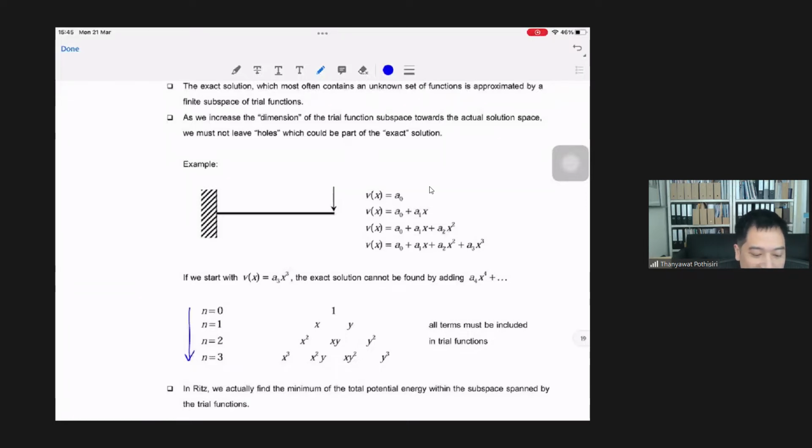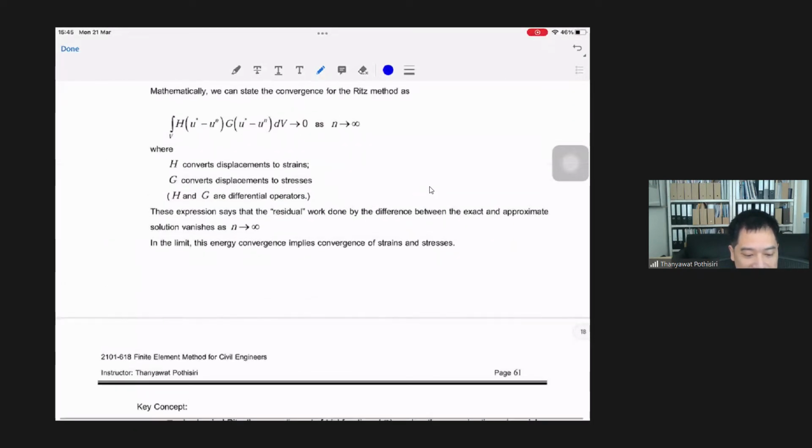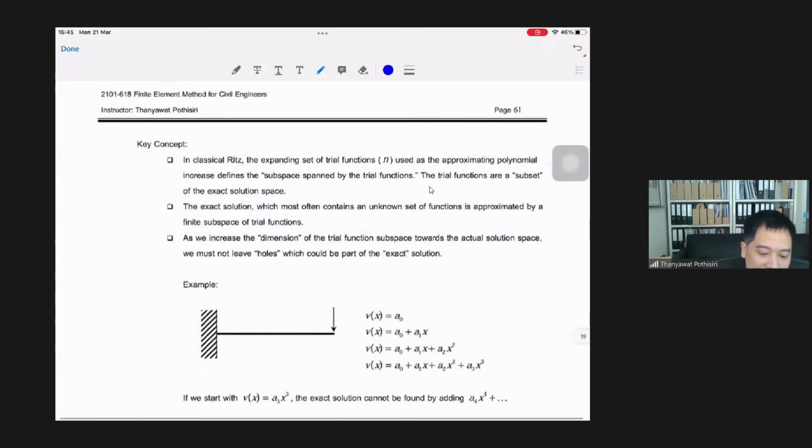So we talk about this when we increase the order of polynomials that we use to approximate the displacement field, right? For example, for a one-dimensional problem, if you use two-node bar elements, then this is the maximum order of polynomials that you can get, right? Because you only have two nodes.